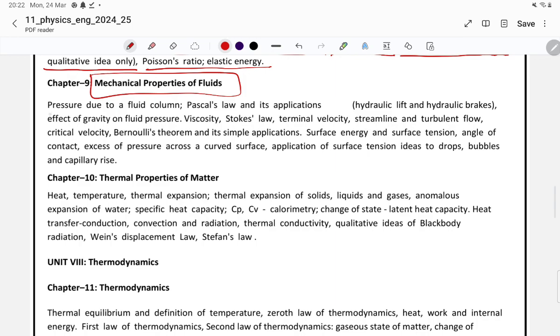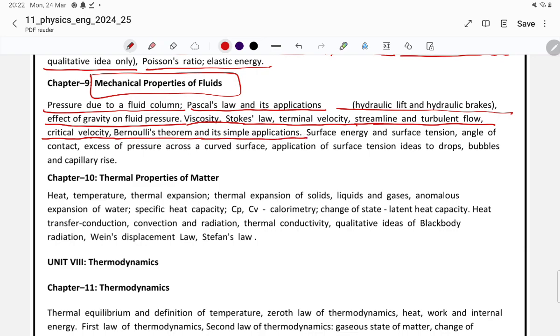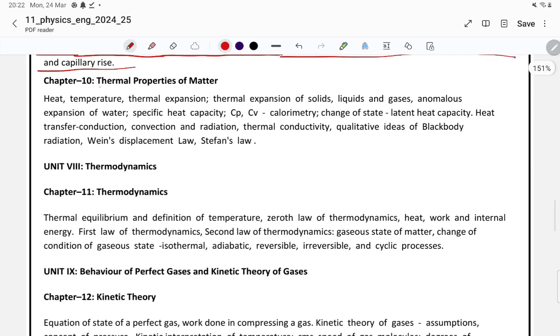Mechanical properties of fluids: pressure due to a fluid column, Pascal's law, its applications, hydraulic lift and hydraulic brakes, effect of gravity on fluid pressure, viscosity, Stokes' law, terminal velocity, streamline and turbulent flow, critical velocity, Bernoulli's theorem and its simple applications, surface energy and surface tension, angle of contact, excess pressure across a curved surface, applications of surface tension, ideas to drops, bubbles and capillary rise.